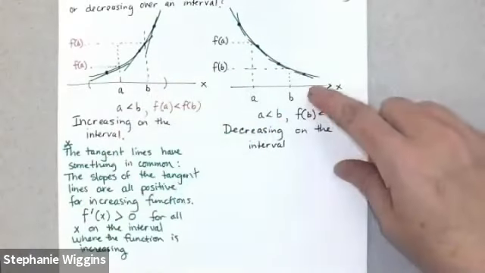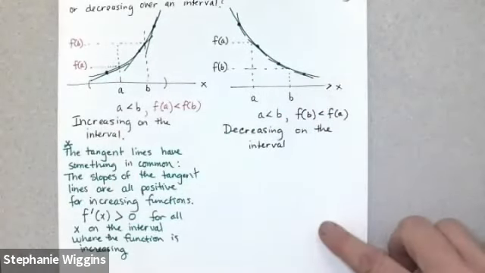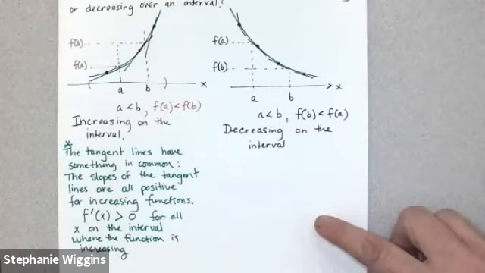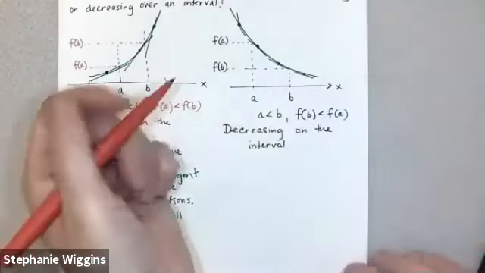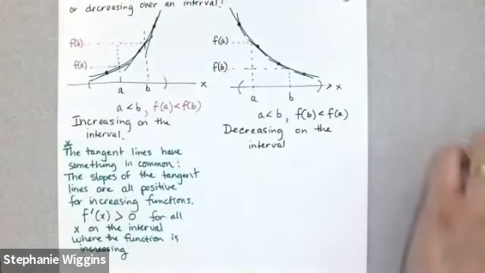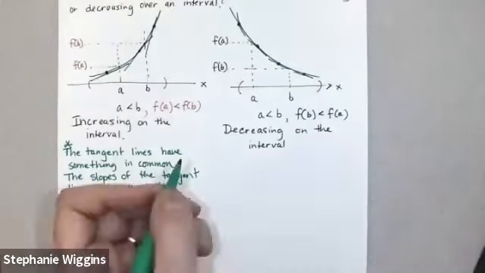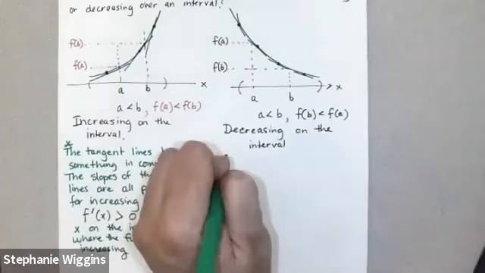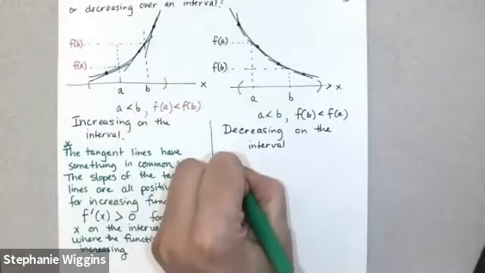So I can make the same comments here about the decreasing function on the interval, and that interval is, let's say, from here to here, okay? The slopes of the tangent lines are all negative on this side.